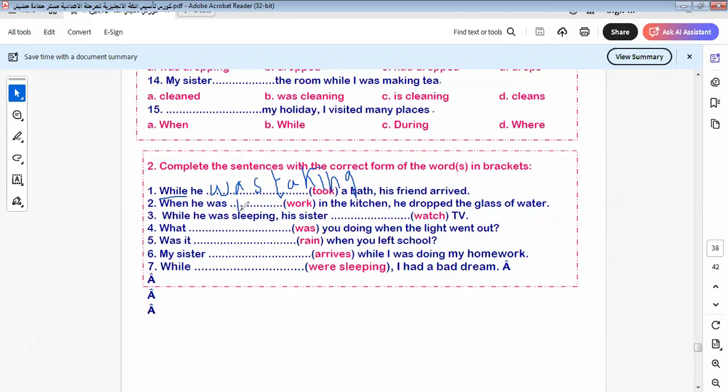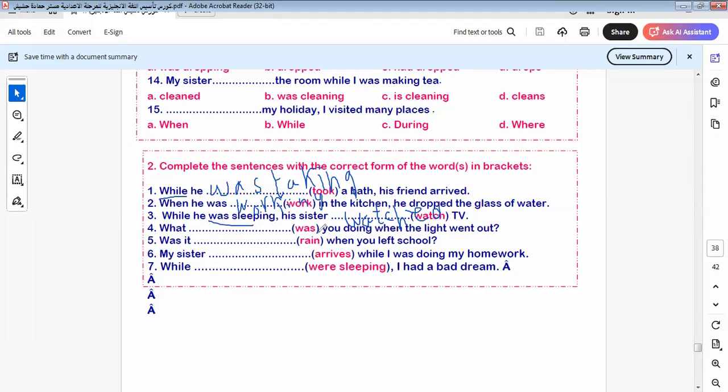He was working. When he was working. Here's: while he was sleeping, my sister watching. So the first part will be in the past continuous form, and the other one in the past simple form.